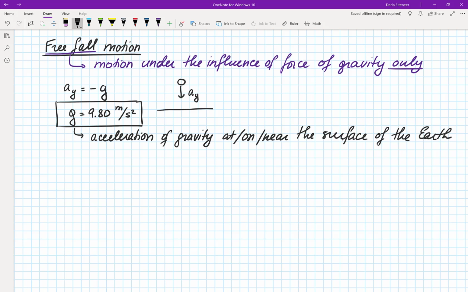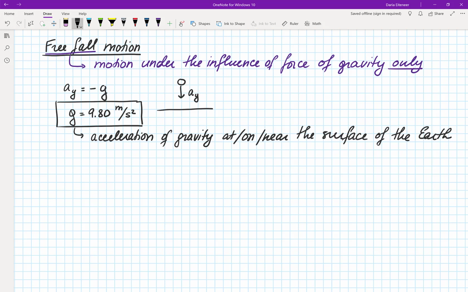Then that value changes noticeably. We're not going to worry about that. We're not going to have to deal with objects that are that far off the surface of the Earth, at least not right now. So for all practical purposes, you're always going to use the same value for acceleration of gravity, or acceleration due to gravity, as long as we are on Earth.